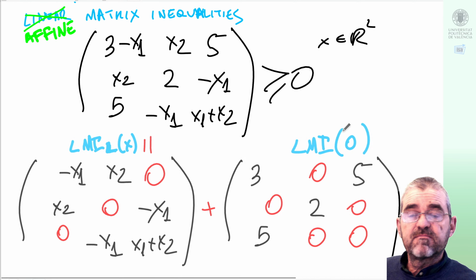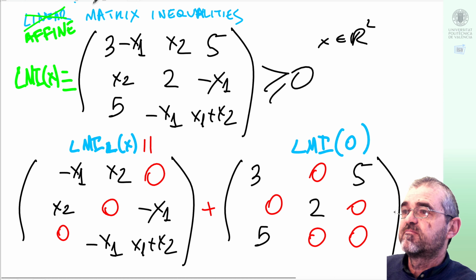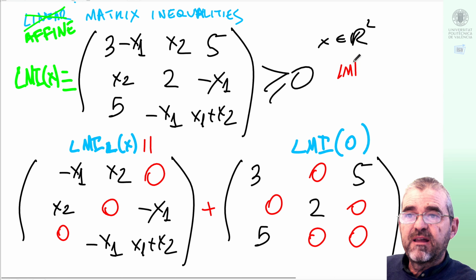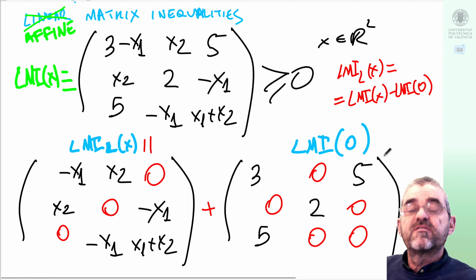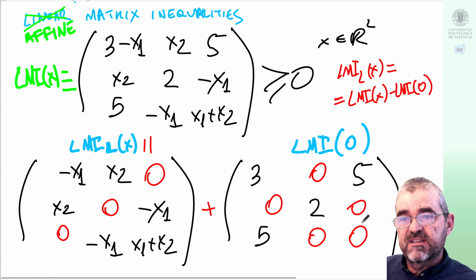So this piece of the matrix will be denoted as LMI linear of X. And in fact, if this can be decomposed as these two sums, then of course LMI linear of X is equal to the original LMI, which is actually affine, minus LMI of 0, which is a constant matrix, such as this one.